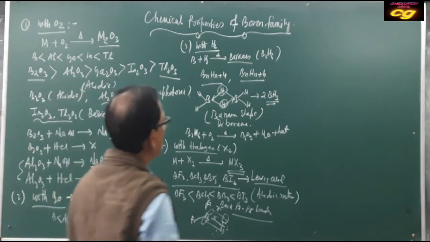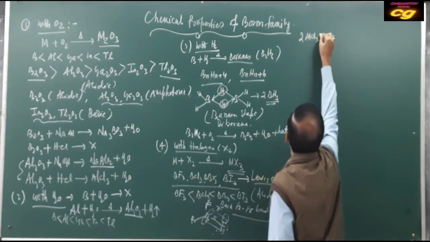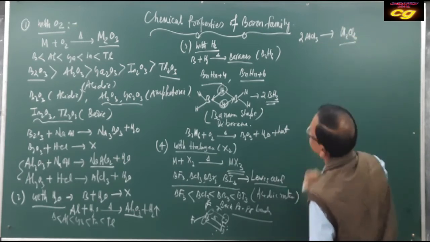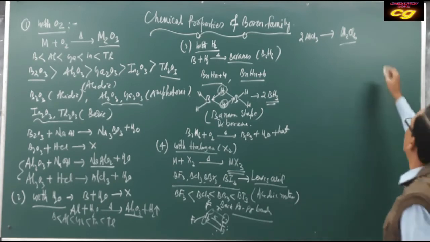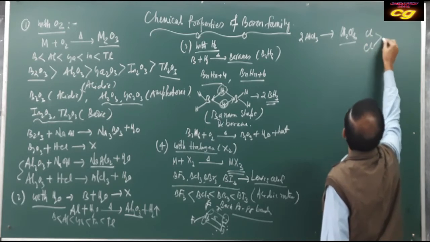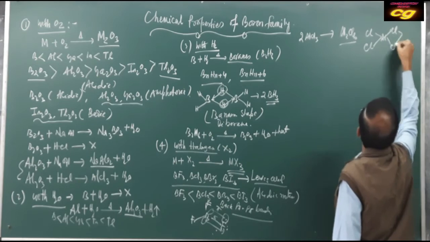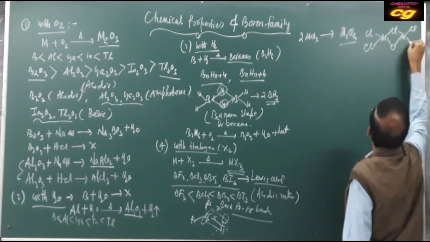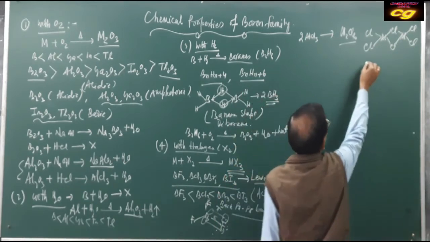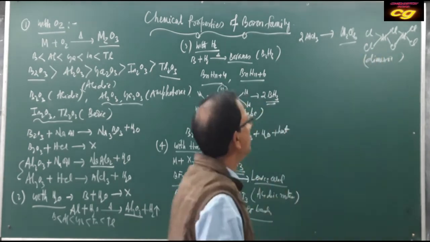And aluminum chloride, similarly, two molecules of aluminum chloride combine forming Al2Cl6, and the structure is the same. This is the dimeric form of aluminum chloride.